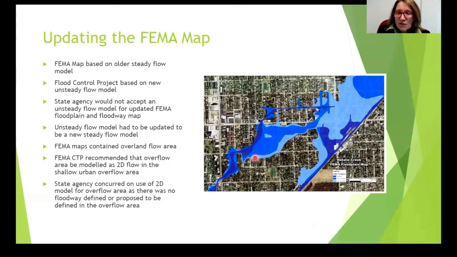But looking at this overland flow area, the State Water Survey, the coordinating technical partner that reviews the floodplain map revisions for FEMA, said that since it's an overland flow area with shallow flooding, it might be useful to look at it with a 2D model, since it's not really clear how this exactly flows through here. And because there was no floodway mapping, the state IDNR did concur in using 2D modeling just to map this portion of the floodplain and have a steady flow model for the rest.